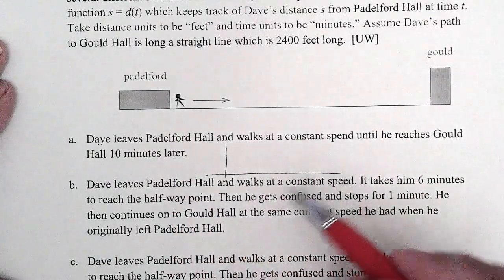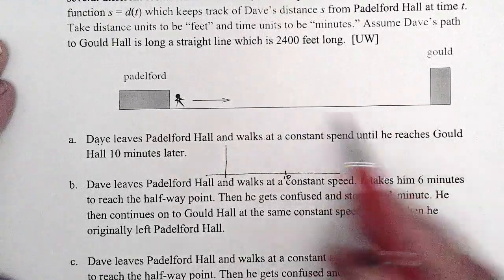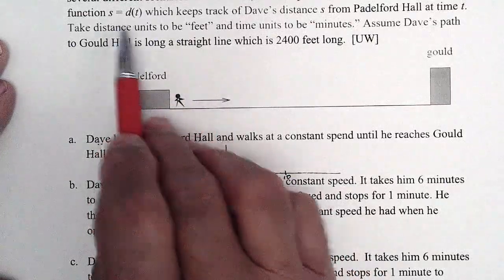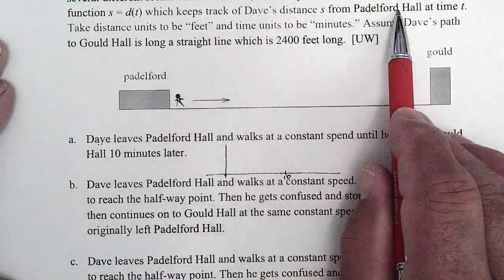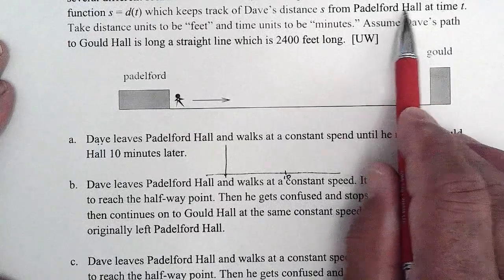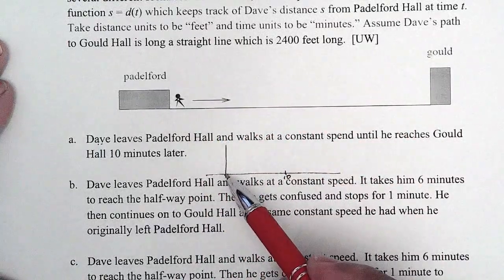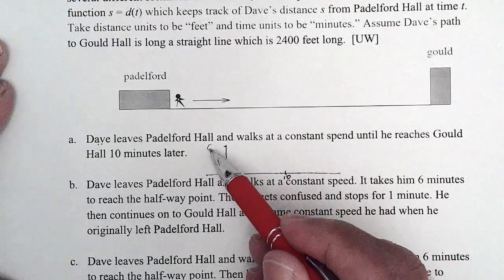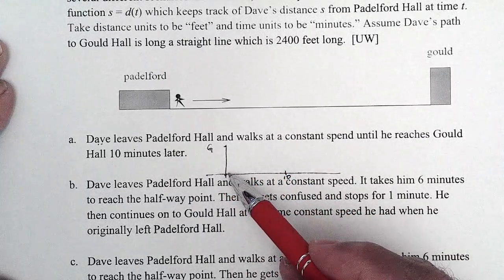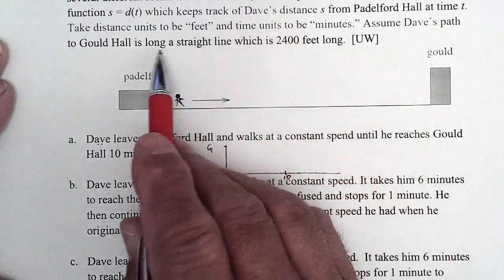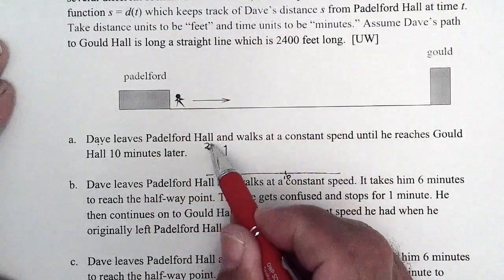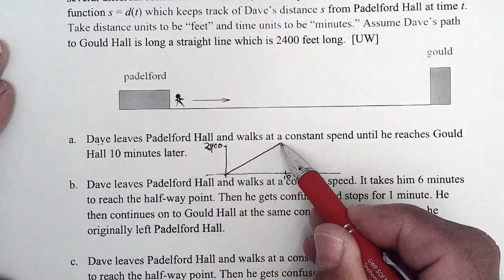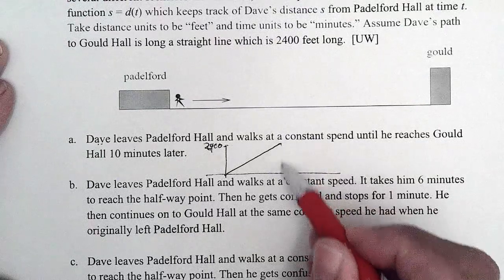He starts at Padelford, which we're going to call 0, the distance from Padelford Hall is 0, and he's going to get to Gould, which might be this distance. So it gets to be 2,400 feet, and he does it in 10 minutes, so if he's doing it at a constant speed, he's just going to go up to the 2,400 feet.